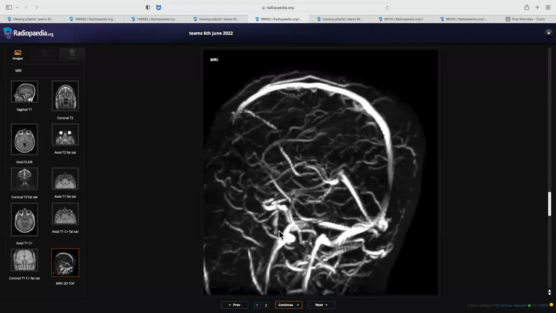So it's commonly seen in which age group and which gender? It's more common in women. Any associations you know of? No, I'm not sure. Okay.